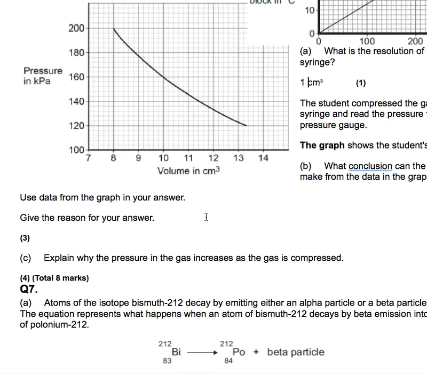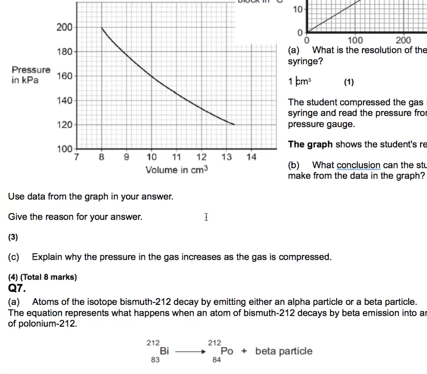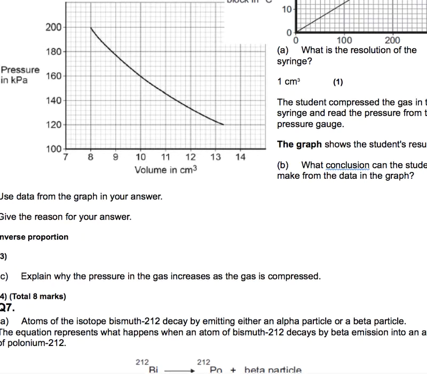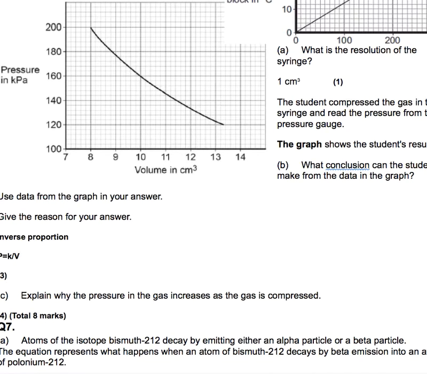What conclusion can the student make from the data in the graph? Well, this is an inverse proportion graph. And you know that inverse proportion means that the pressure equals some constant divided by the volume. So you know that pressure times volume will give you some constant.